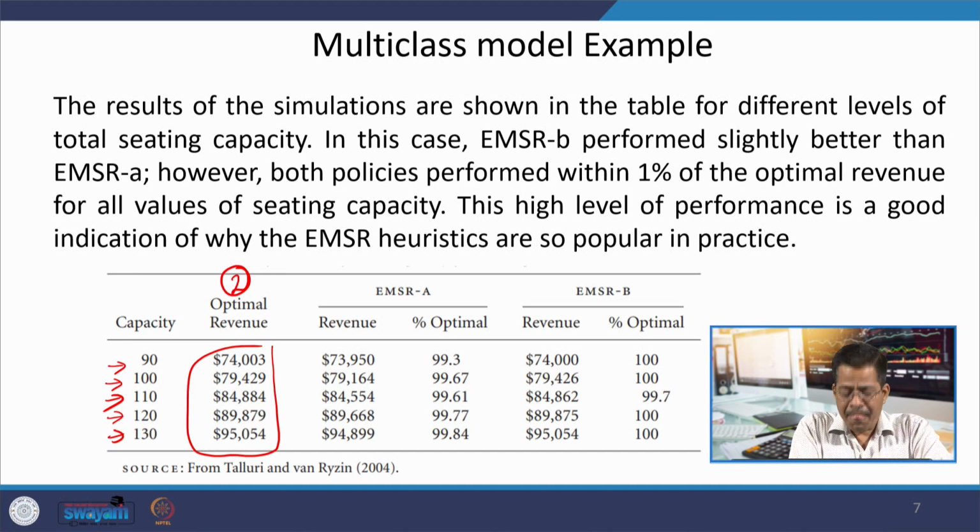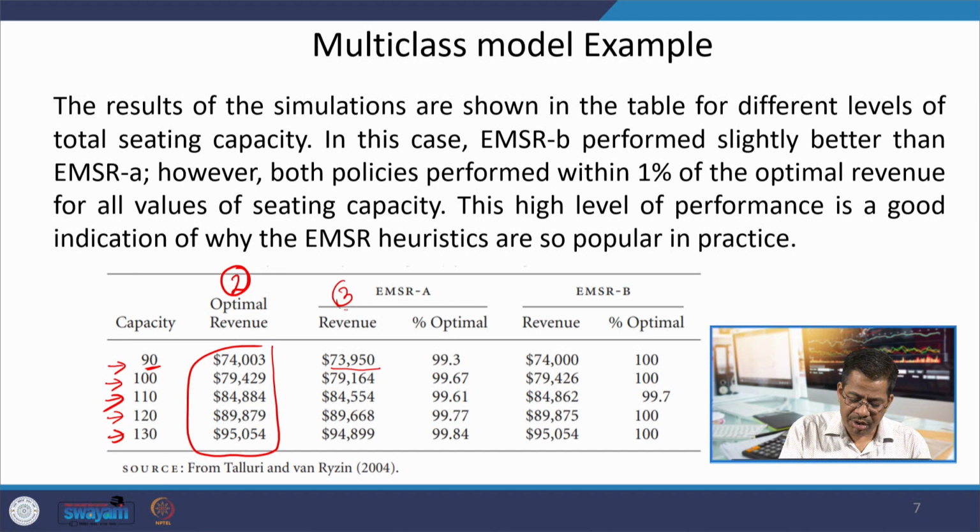When you use the protection level given by EMSR A, then these calculations show that if the capacity is 90 units, the revenue collected is 73,950, which is around 99.3% of the optimal revenue.